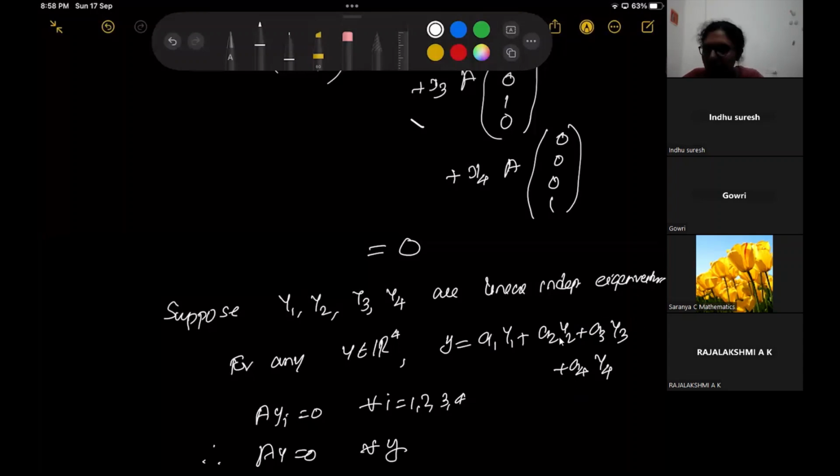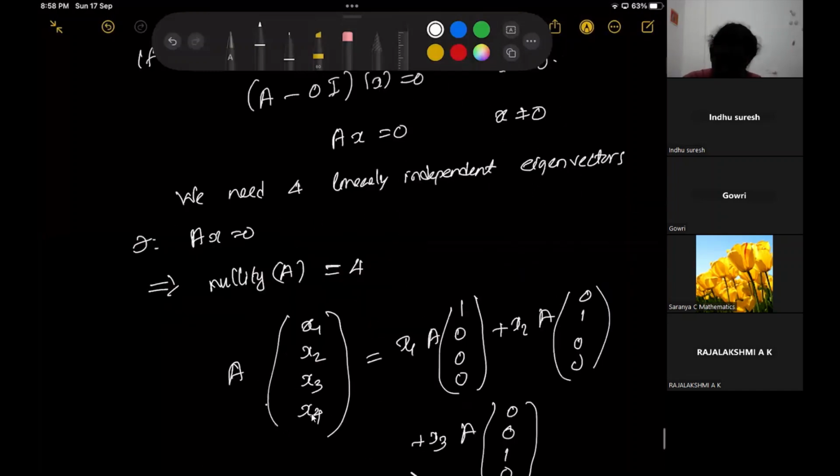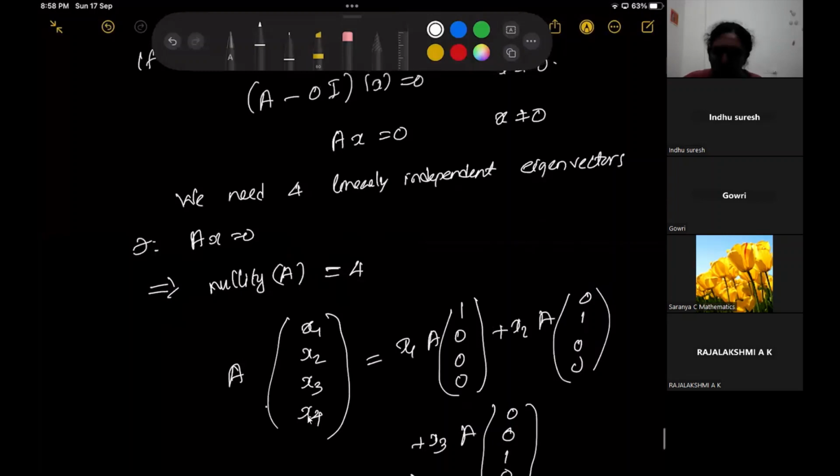Since this side is completely 0, Ay is actually 0. So if we get 4 linearly independent eigenvectors such that Ax equal to 0, this basically says that Ay equals 0 for all y in R4.